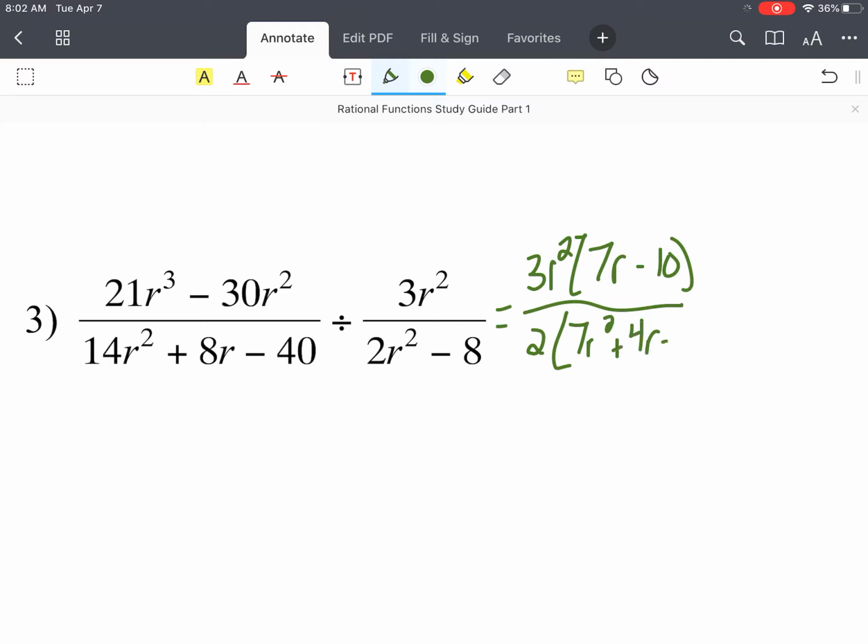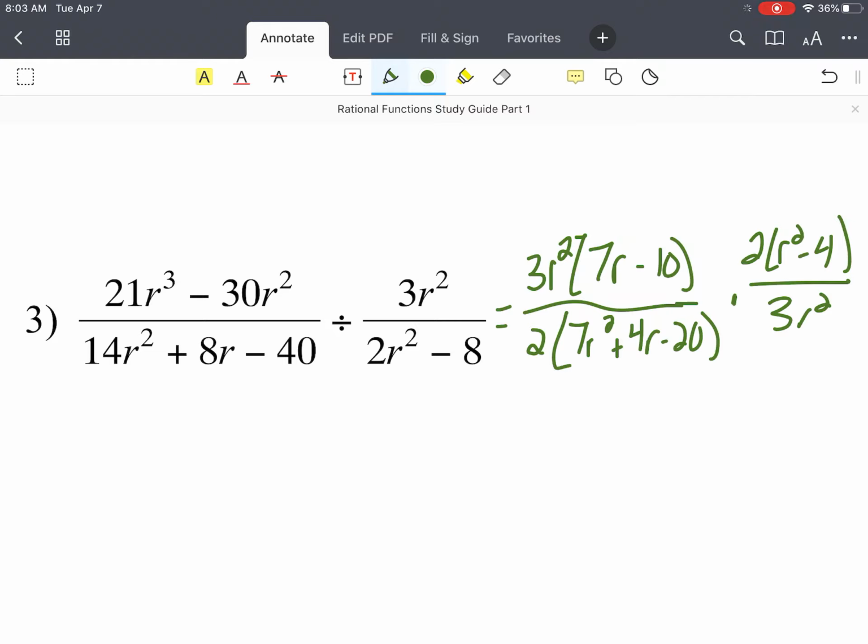So that's 7r squared plus 4r minus 20. Now we're going to do times, because we have to flip that second one. I can factor out a 2 to start on top here, and on the bottom, nothing happens.